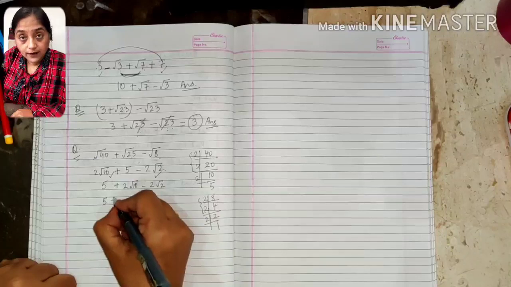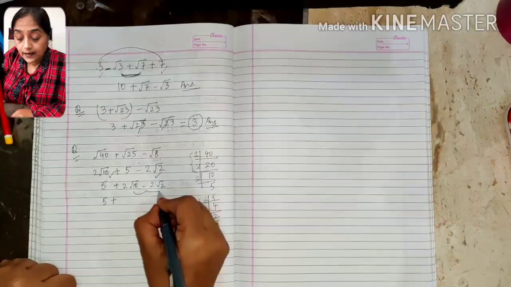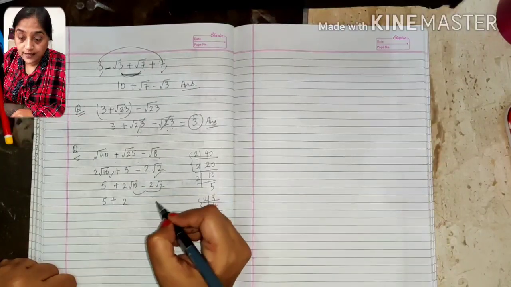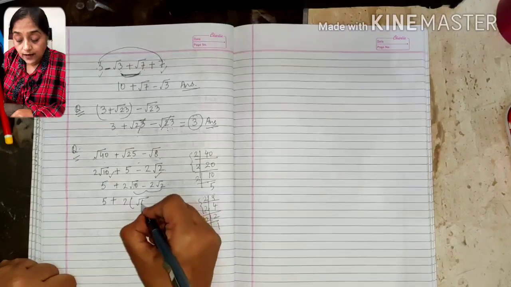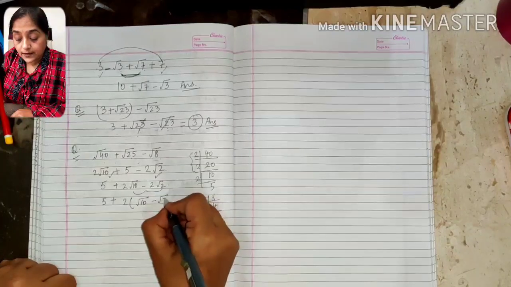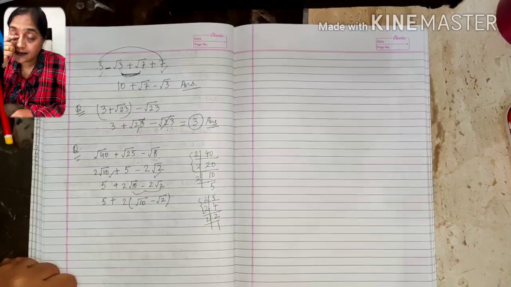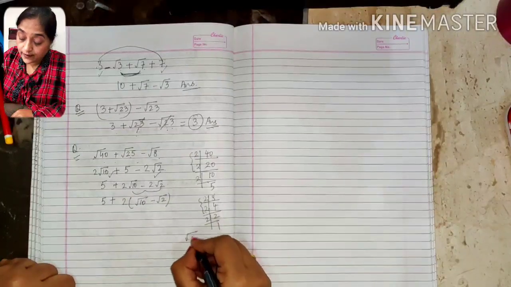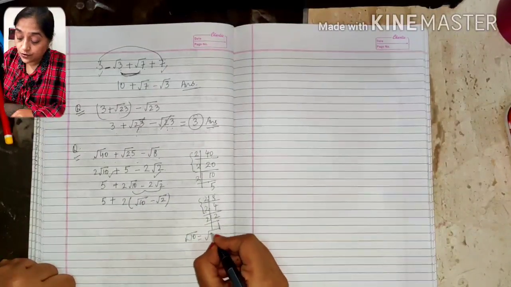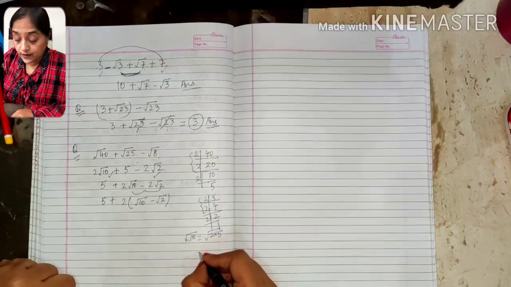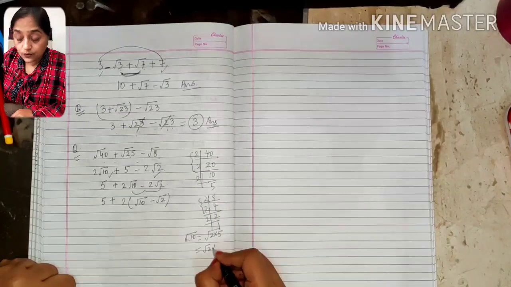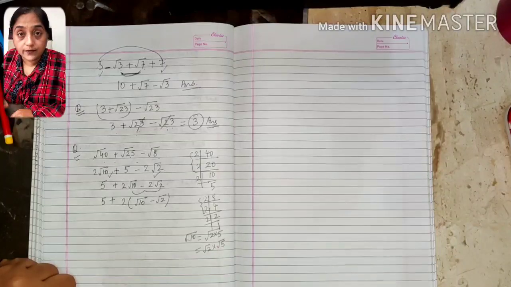So what will I get? I will get 5 plus, can I take out 2 common? Yes. So inside I have root 10 minus root 2. Is it clear? Now what is root 10? Root 10 is root of 2 into 5, so that is root 2 into root 5.